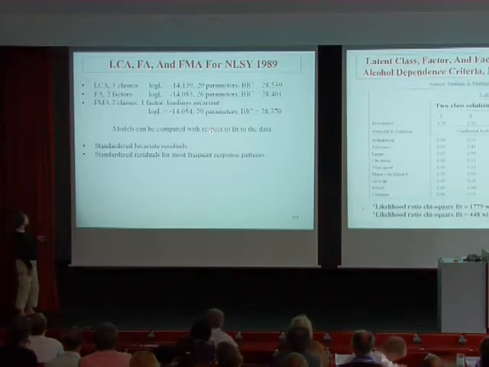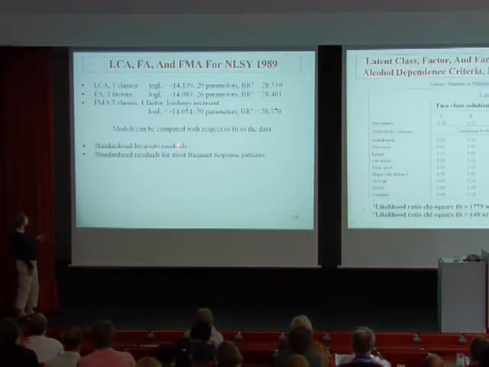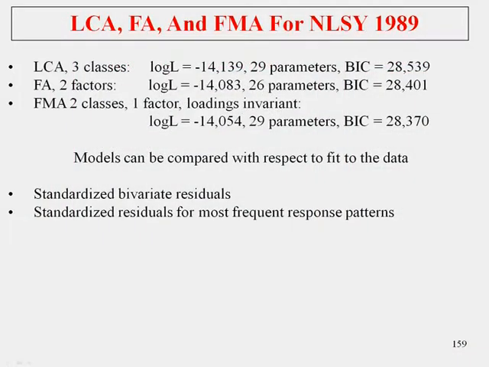Now we can also compare with respect to absolute fit of the data, looking at standardized bivariate residuals and standardized residuals for the most frequent response patterns. As we've said earlier, you obtain these by asking for Tech 10 in the output command.